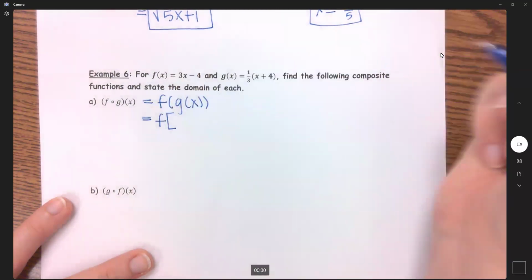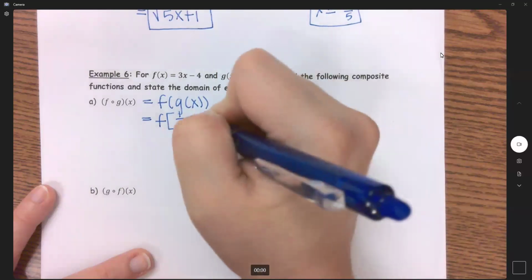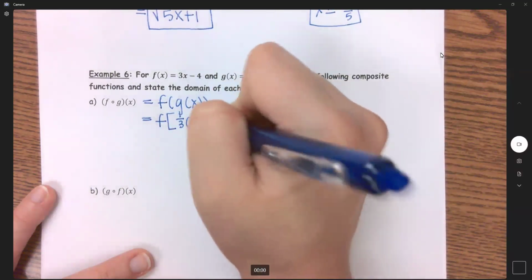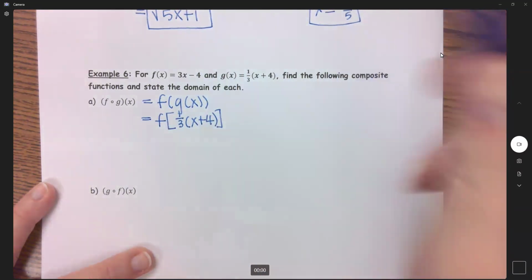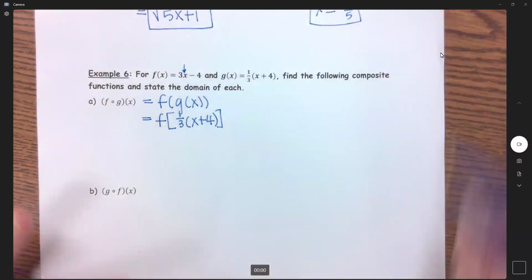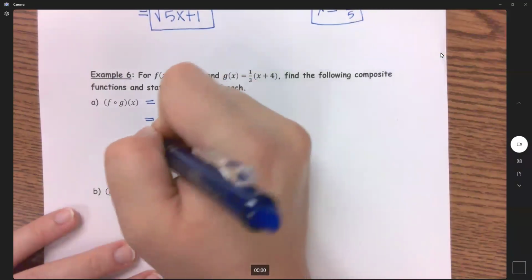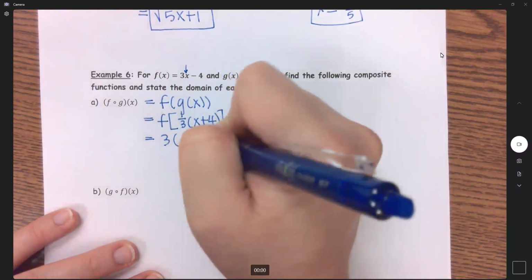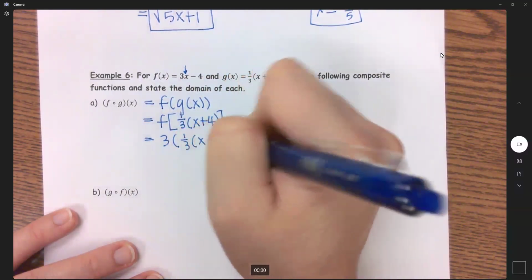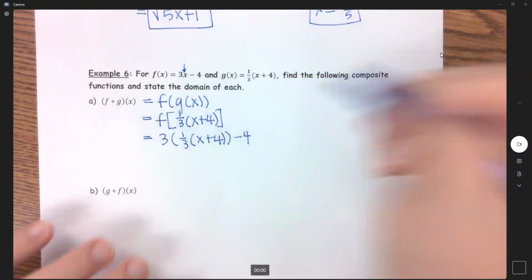We have f of 1/3 times x plus 4. And now go into your f of x and replace this x with what we have, in this case, in brackets. So that is 3 times 1/3 times x plus 4. And then bring down your minus 4.